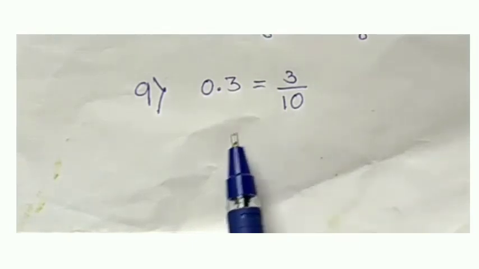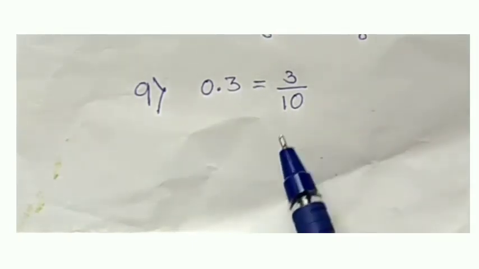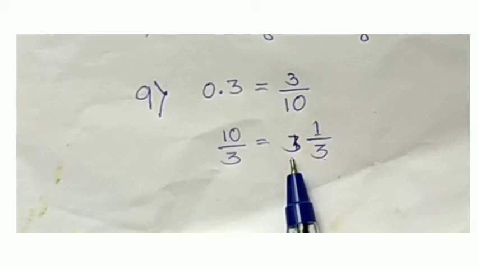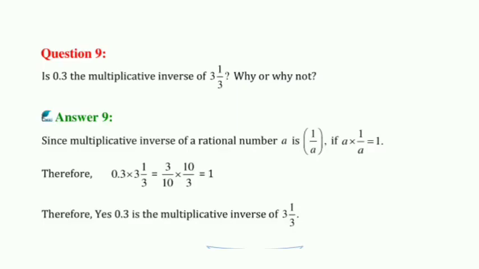It will be the reciprocal, that will be 10 by 3. Here it is an improper fraction, so write it as a mixed fraction. So we will get 3 integer 1 by 3. So now you can easily say that 0.3 is the multiplicative inverse of 3 integer 1 by 3.